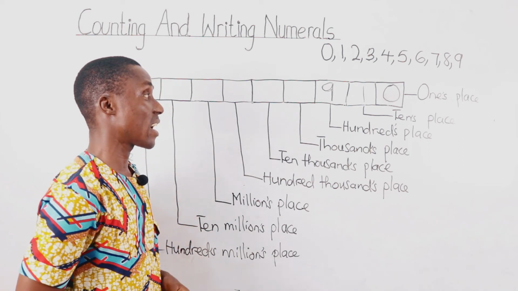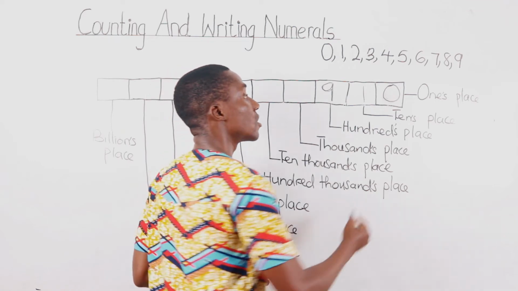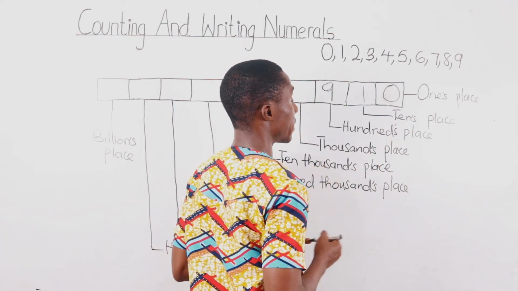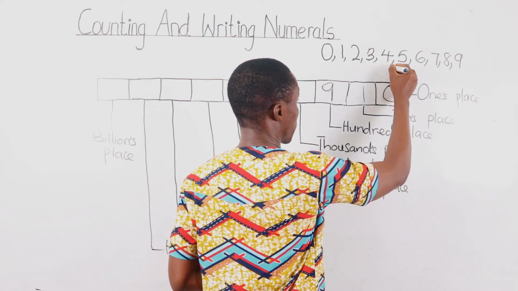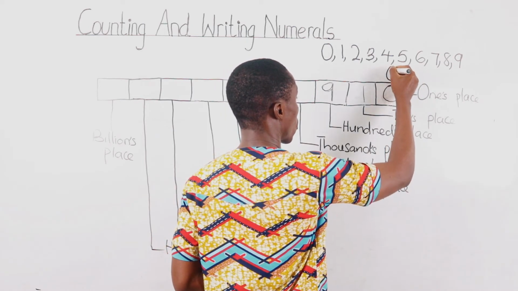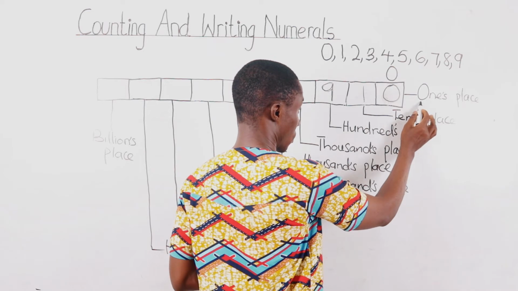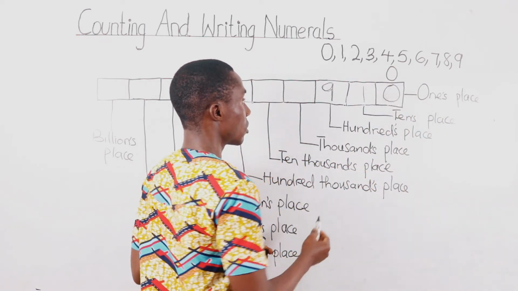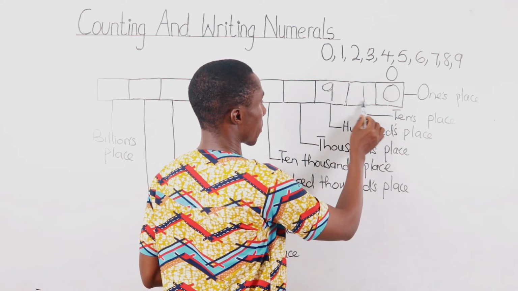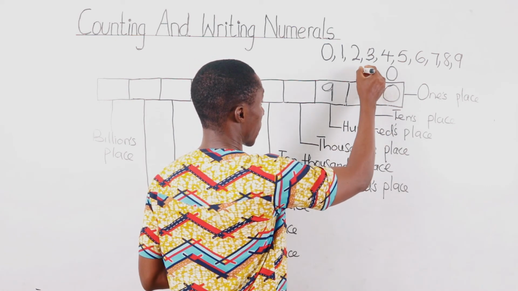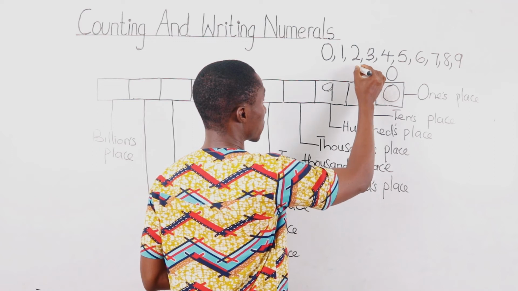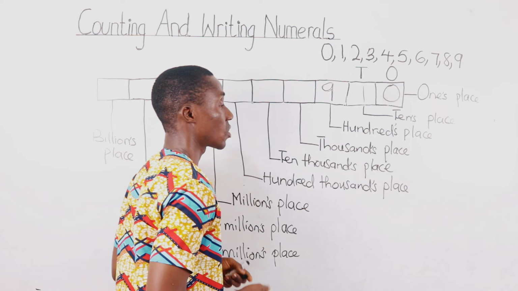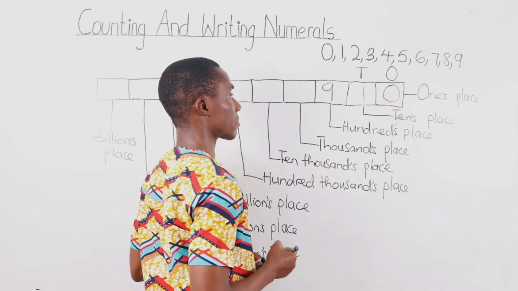So let's see how that is done. For the ones place or the ones number place, we write the capital letter O, which stands for the word one, on top of it. For the second number place, we write the capital letter T, which stands for tens number place or tens place.